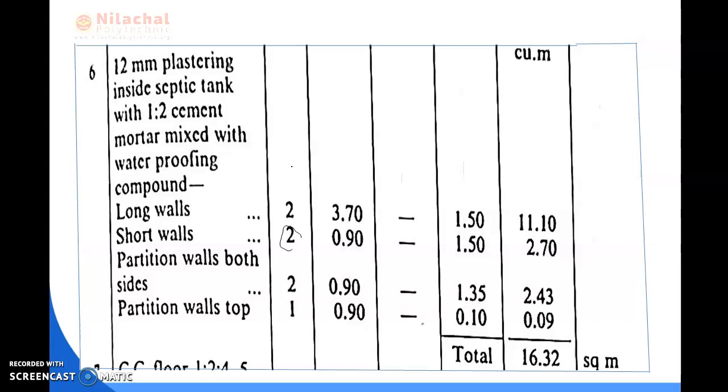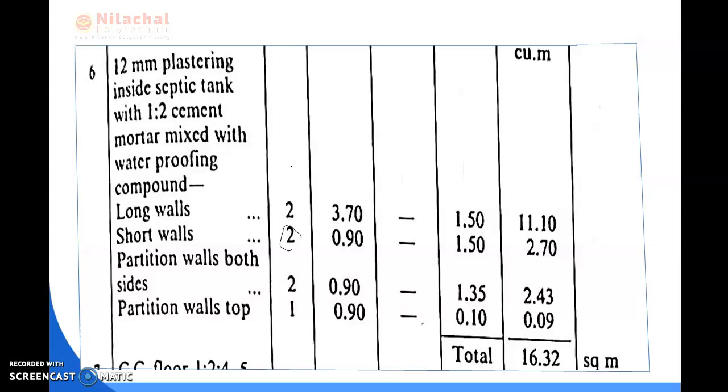For the side area we use length into height, and for the top portion length into breadth. So 1 number, length 0.90, thickness 0.10, and we get the value 0.09.